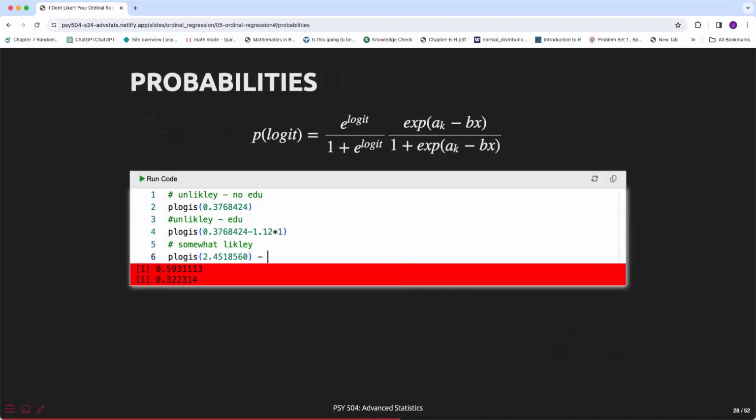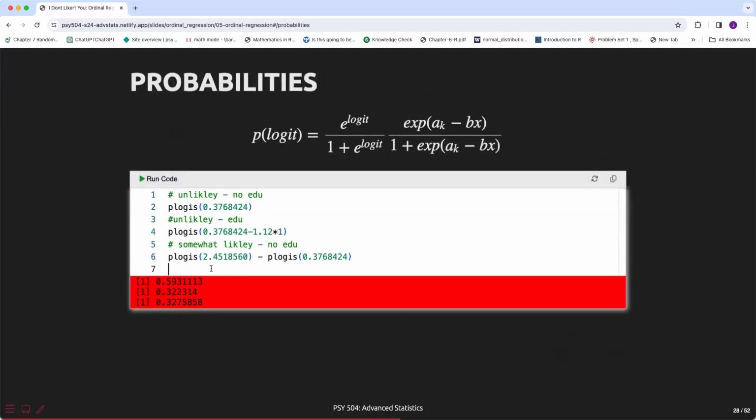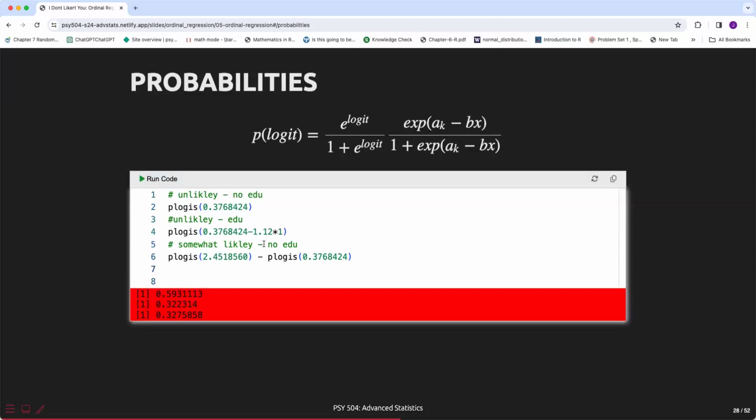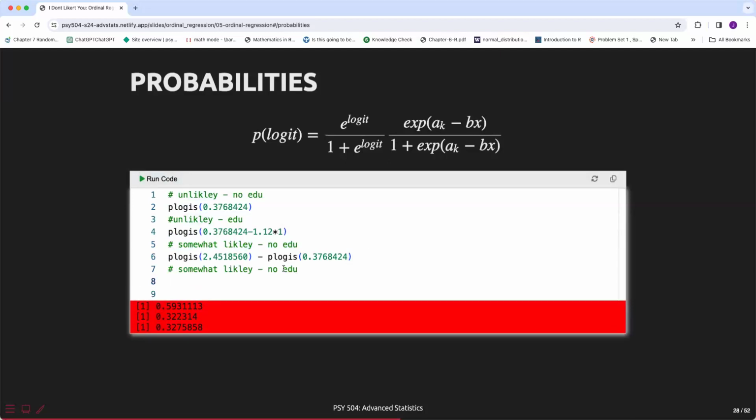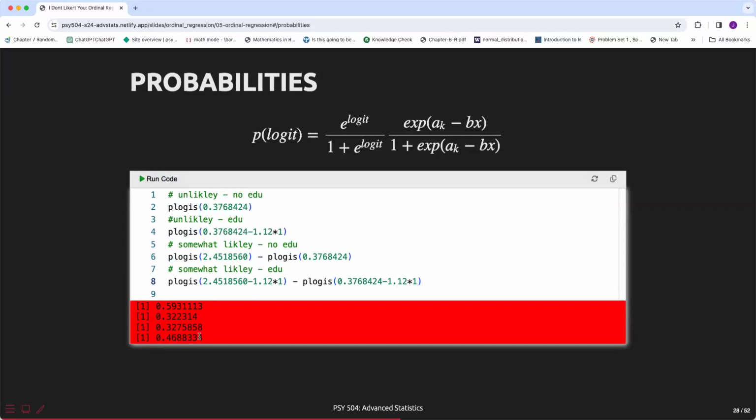I'm taking the second cut point and subtracting the first, and this is for the no education condition. Then we can do the same thing for the education condition, and here we just add in our slope of 1.12 times 1. And we get our predicted probability for being in that category.